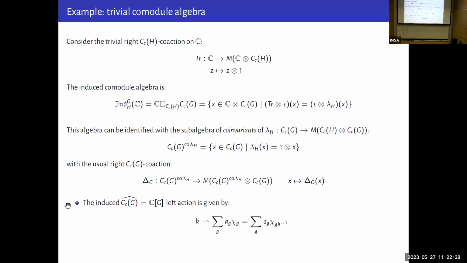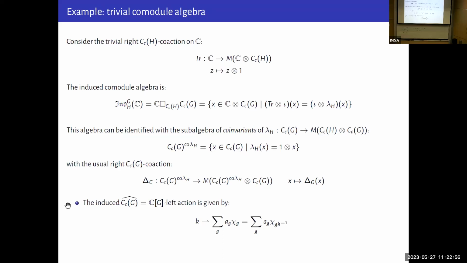So we know what it is in the case of the trivial algebra itself, the subalgebra of coinvariants. And what will be the usual right coaction? We just restrict the comultiplication of C_c(G). So we have a right coaction of C_c(G), then we must have a left action of the dual, but the dual is just the group algebra.